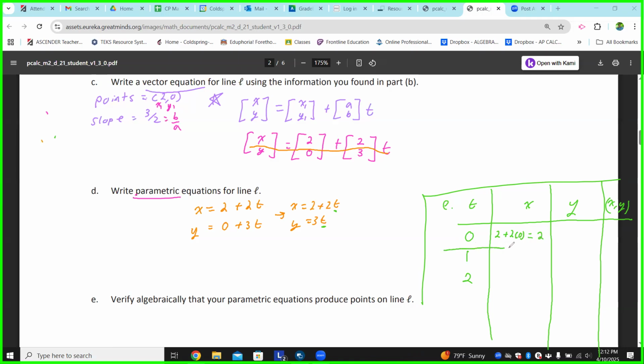Before we go on to the y equation, any questions on how I just got to this point? The equation we just formed as a parametric, and I'm just plugging in time. So at 0 seconds, my x value was 2. Right now, we're just verifying that these parametric equations do, in fact, graph the linear line that you did on part A. This is just verifying that what I just wrote out actually does what I asked it to do.